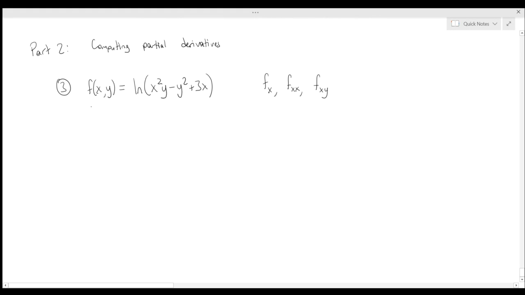All right, so first, if we want to compute the partial derivative with respect to x, we have to remember how derivatives of natural logs work.